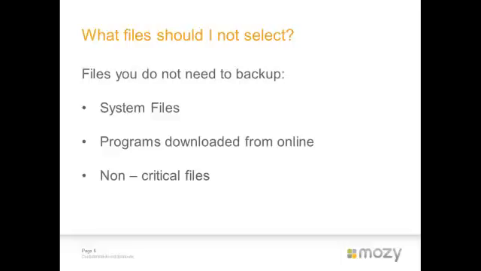But not only that, if you're backing up files that you've downloaded from the internet, in the situation where your computer died or was stolen, and you're going to be restoring files from us, you're going to be coming to Mozy, requesting a restore. We're going to build that restore.